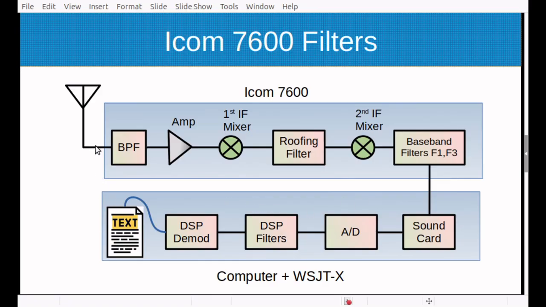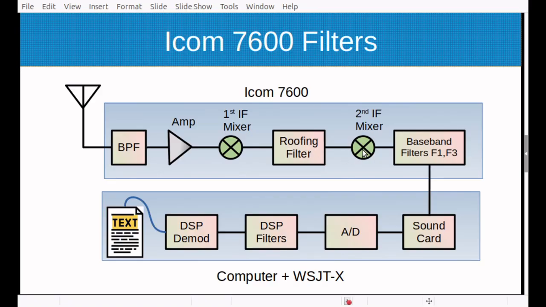So let me back up to where the signal is received. We're going to go through a bandpass filter and an amplifier, and then a first mixing stage to get us to the intermediate frequency, the IF level. There we're going to use something called a roofing filter. Now, I know most of you are familiar with that, but I'm going to go through it for the operators that may be new to this.